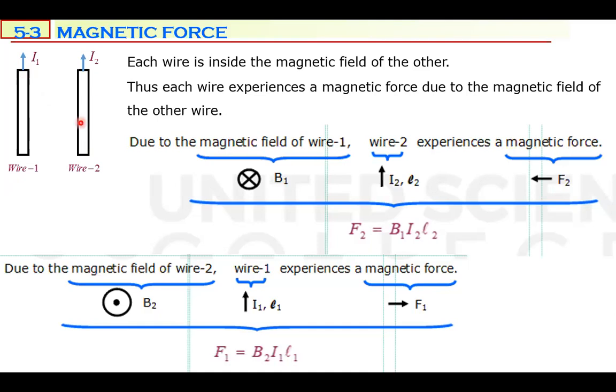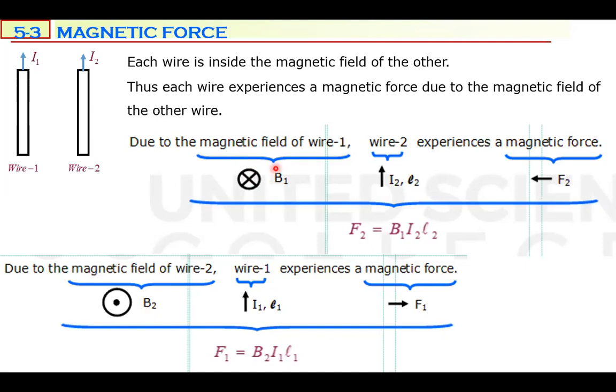The thumb is pointing out of the plane of the page. The curled forefinger on the left side of wire 1 is into the page. So this wire here produces a magnetic field which is into the page. And this magnetic field and this current, which is out of the plane of the page, interact.